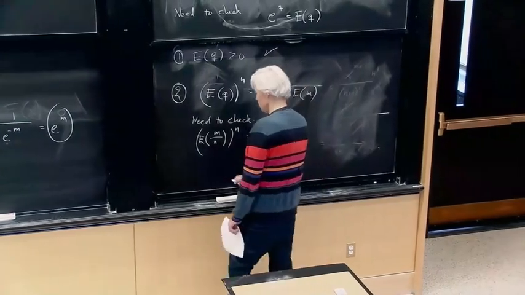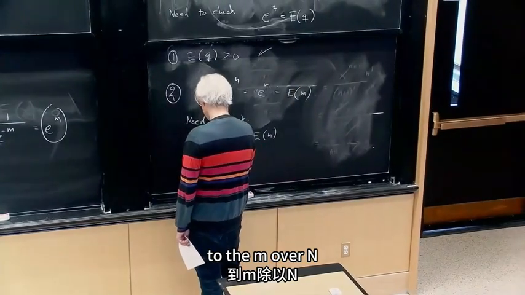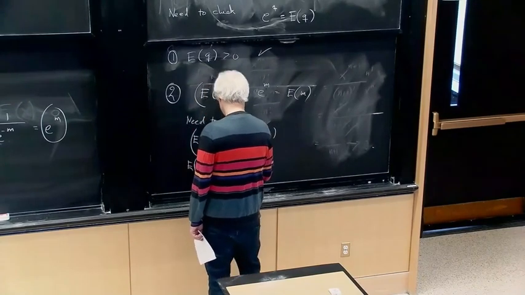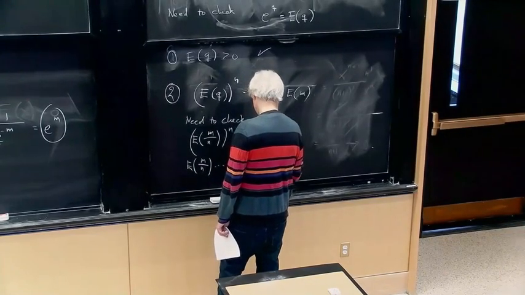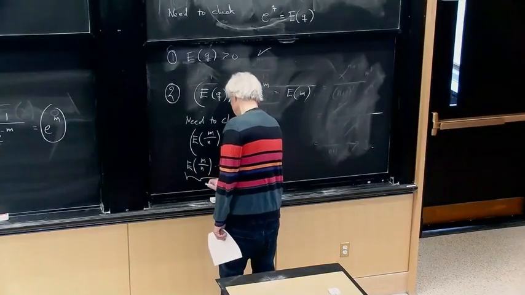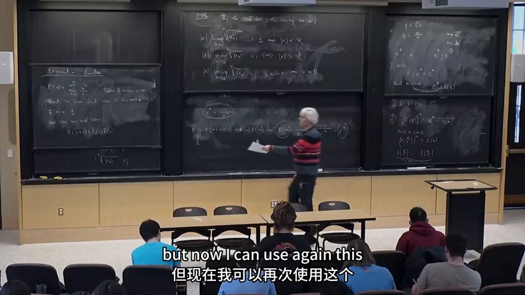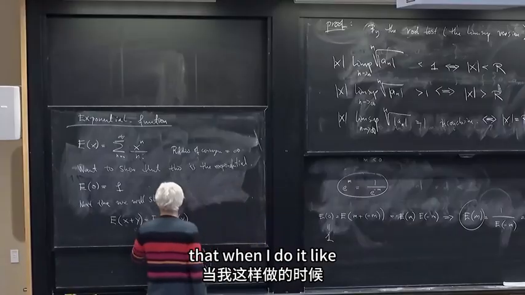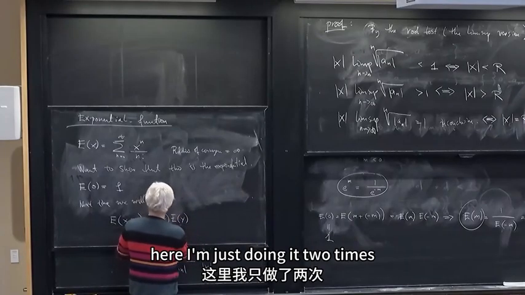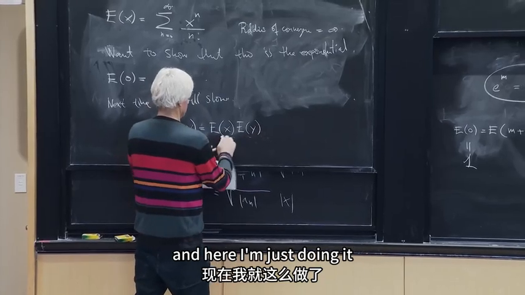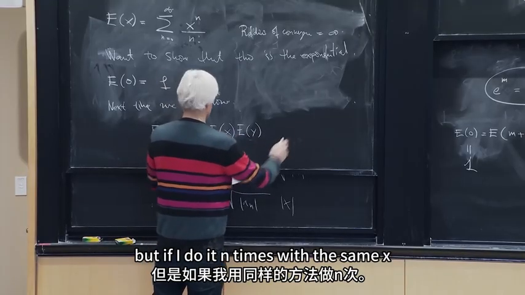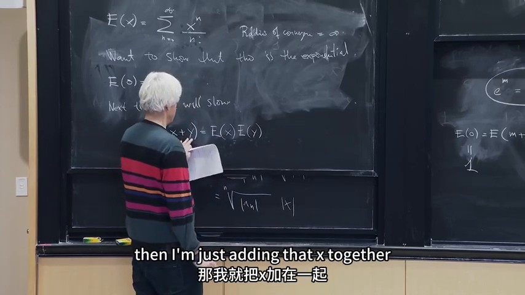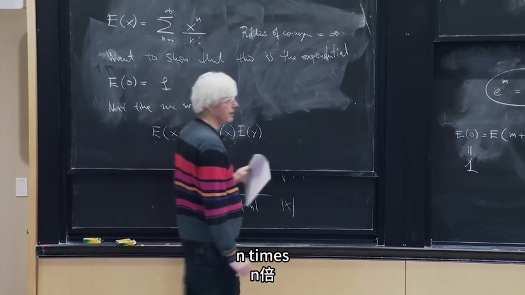But this is just E to the m over n multiplied by itself n times. Now I can use again what I proved last time: I did it 2 times for different x and y, but if I do it n times with the same x, then I'm just adding that x together n times.